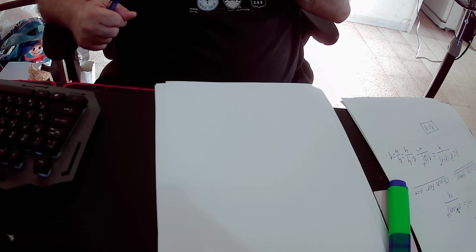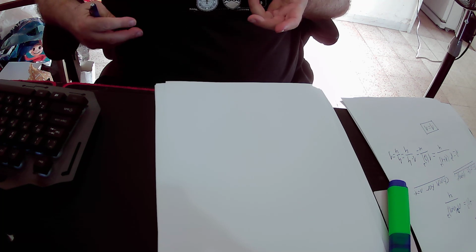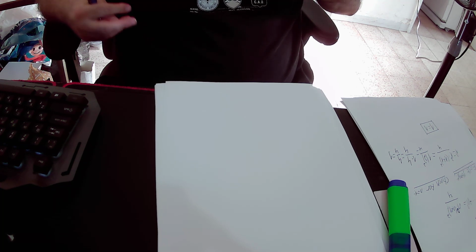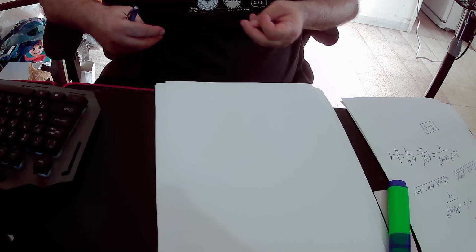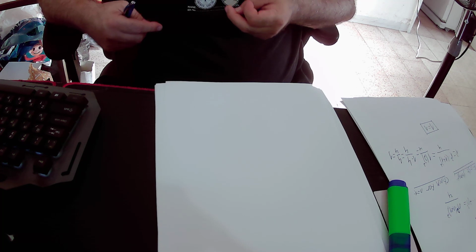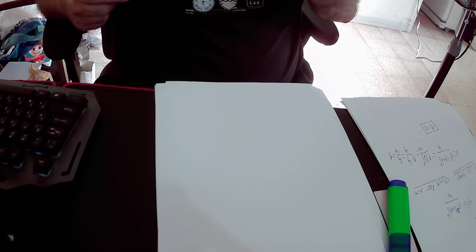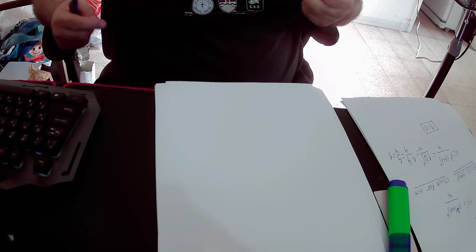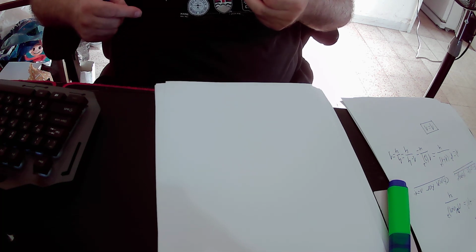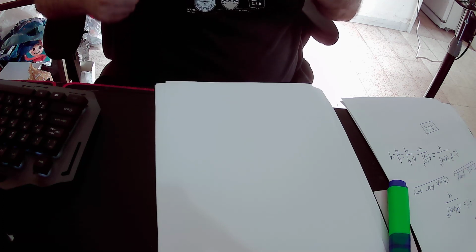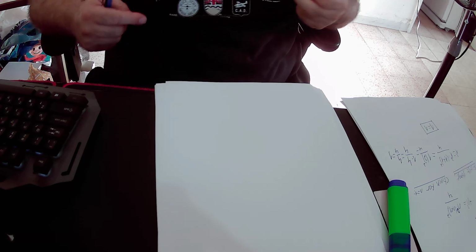Okay, so in this way we actually proved that the statement is true for all the natural numbers, because in the first stage we verified that the statement is true for n equals 1, and in the second stage we proved that if the statement is true for n, it also must be true for n plus 1.